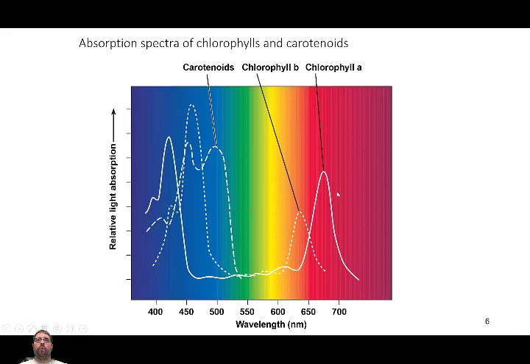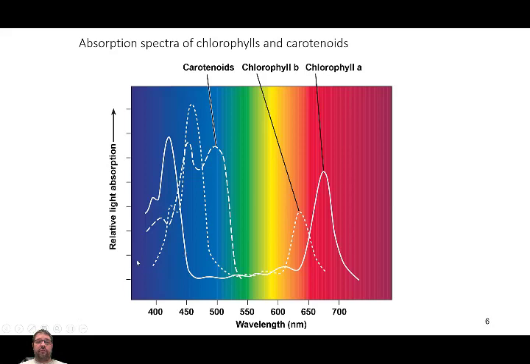So when we're talking about these pigments, you need to realize that it's not just chlorophyll. Like I said before, there's chlorophyll A and chlorophyll B. We haven't talked about this, but carotenoids are what give things the color of red or orange.